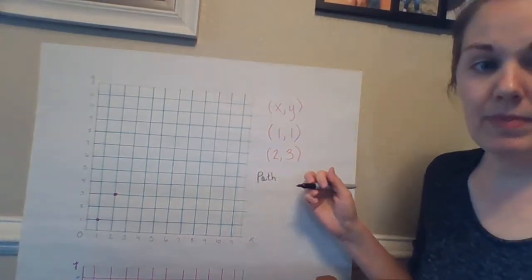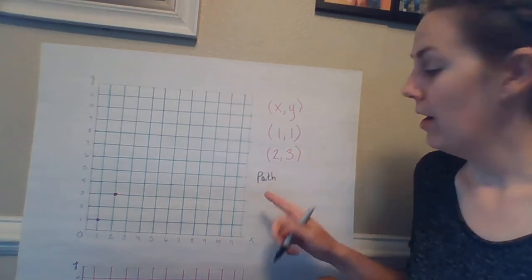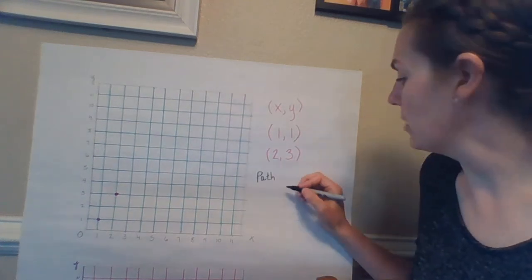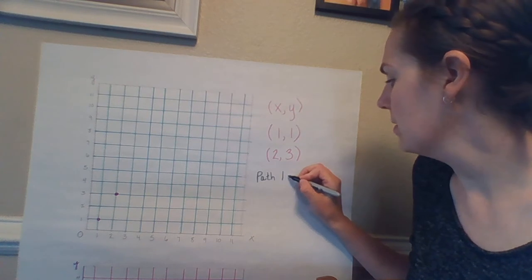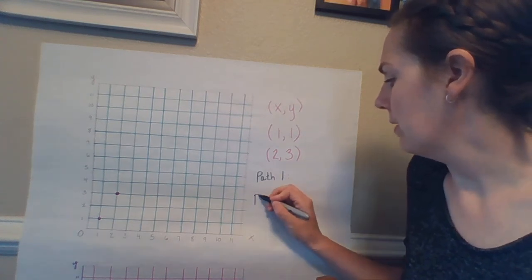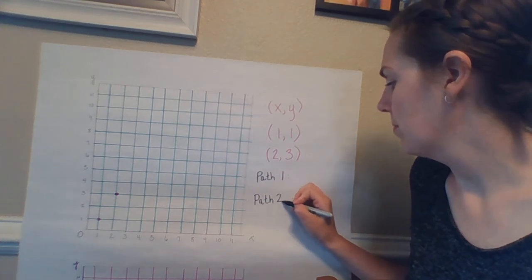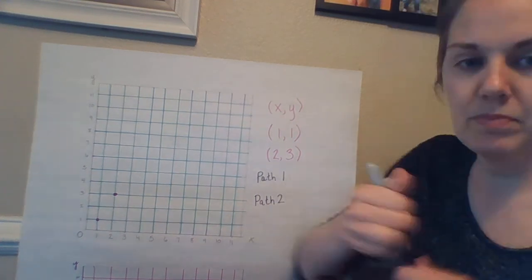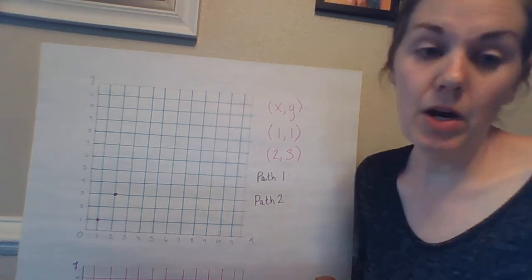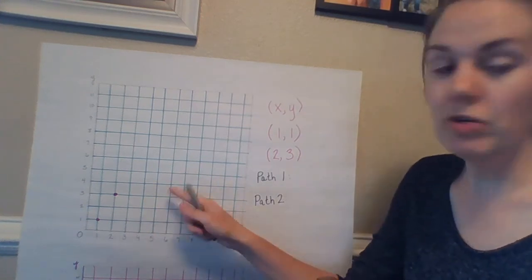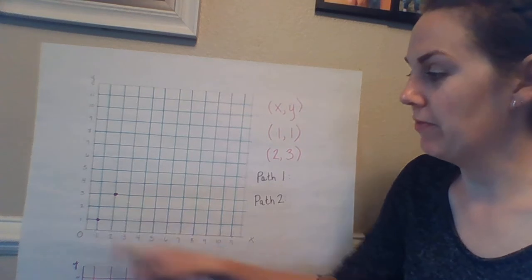Okay, now I'm back with a darker pen. And so we're going to create 2 paths. I'm going to write path 1 and path 2. So we are going to be figuring out 2 different ways to get from this point to this point following the grid lines.